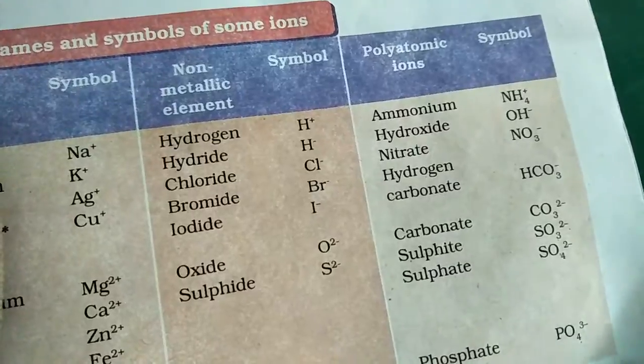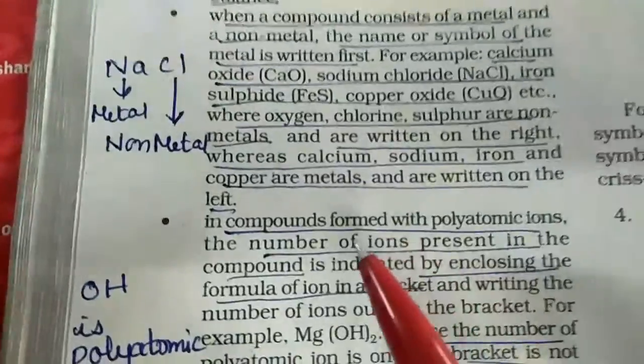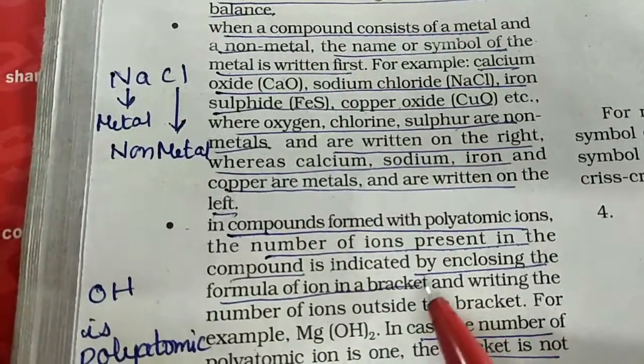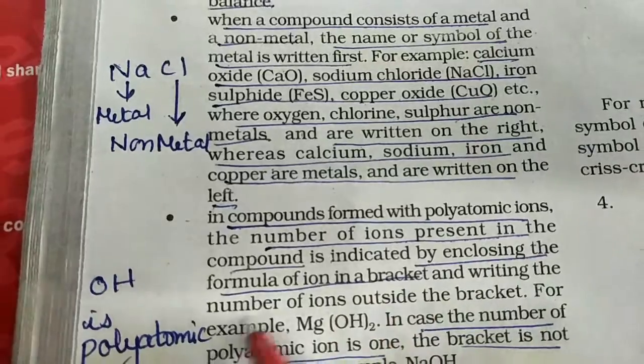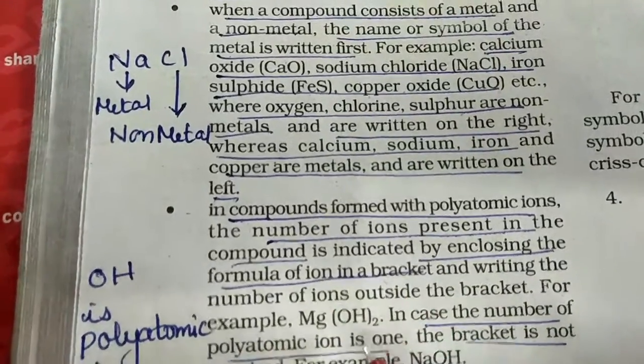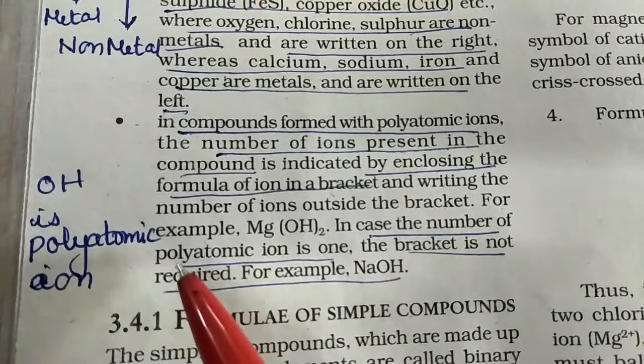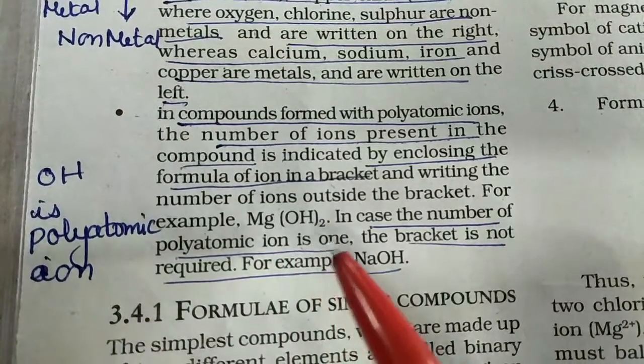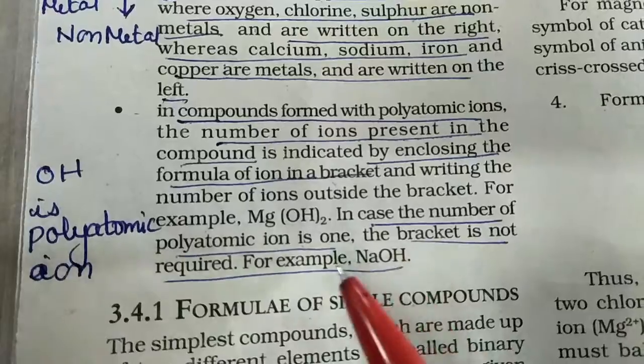Whenever we are using polyatomic ions, the number of ions present in the compound should be shown by enclosing it in a bracket. Only if the polyatomic ion needs just one, then the bracket is not needed.